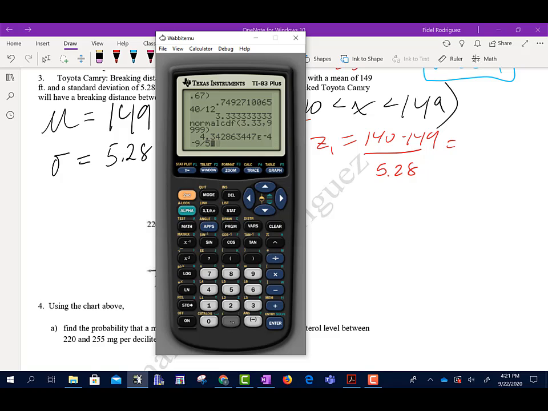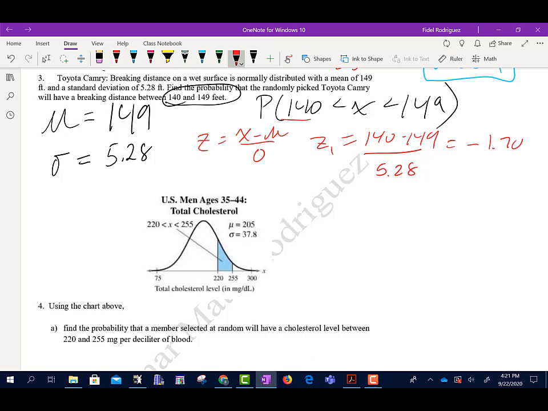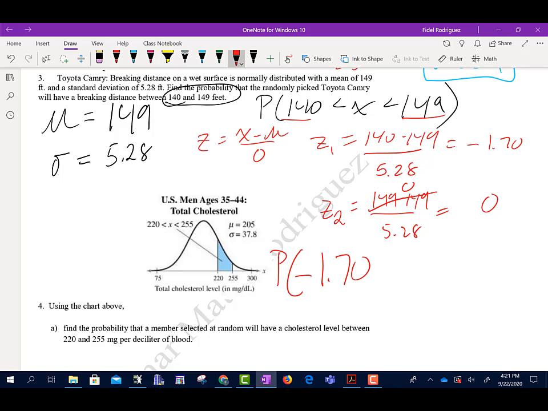Forgot my point, 28. And I'm coming up with a negative 1.70. Okay. My second value, Z2, is 149. So 149 minus 149 over 5.28. Well, 149 minus 149 is 0. 0 divided anything is still 0. Okay. So what we're looking for now is what's the probability that my Z values are going to be between negative 1.70 and 0.